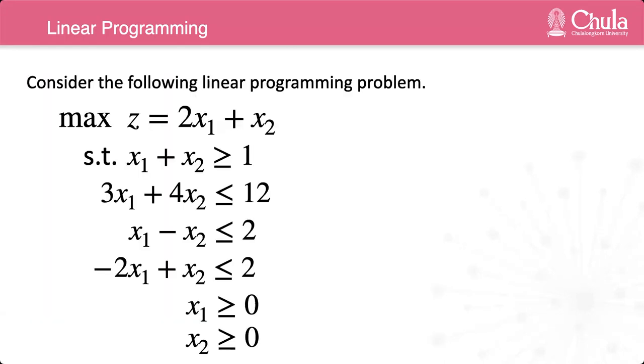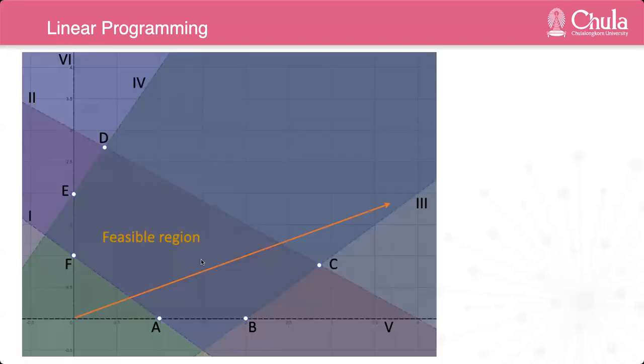So we draw all constraints, and this set of constraints forms a feasible region here, with vertices A, B, C, D, E, F.